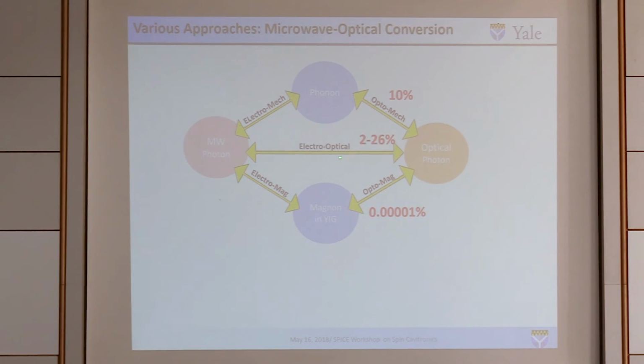And we have this device with conversion efficiency anywhere from 2% to 26%. Because we work at the 10 gigahertz mode directly, we do not really have noise photons coming in, at least theoretically.